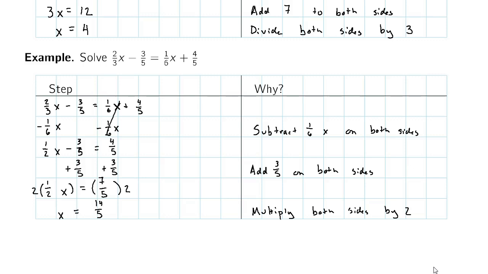Now, when I go to plug this in to make sure that it worked correctly, this is another job for the calculator. So I'm going to take 2/3 times 14/5 minus 3/5. I'm going to take 1/6 times 14/5 plus 4/5. I'm going to work both of those out on a calculator.